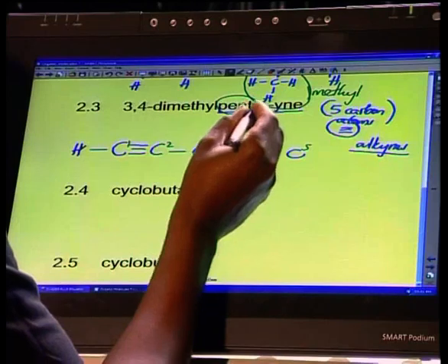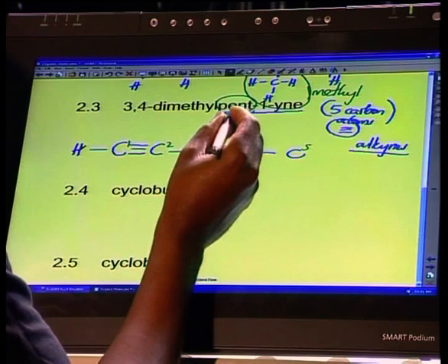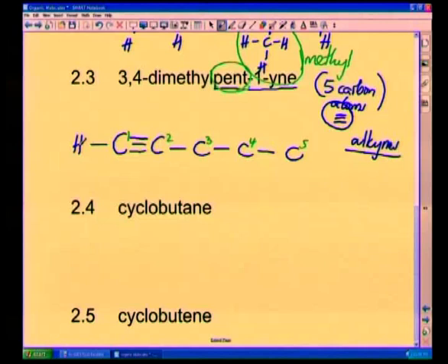Okay, so it's 3,4-dimethylpent-1-yne. So this 3,4 means on carbon number 3, I've got a methyl group. On carbon number 4, I also have a methyl group.